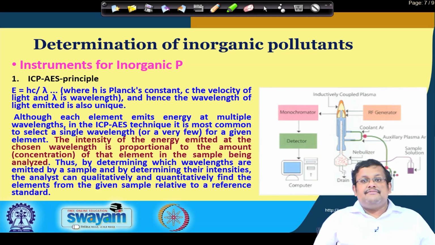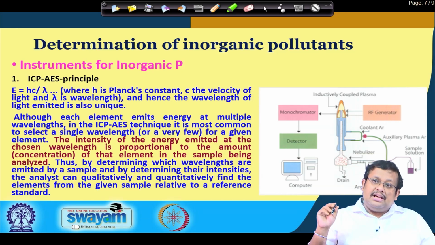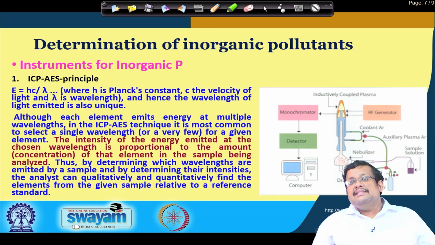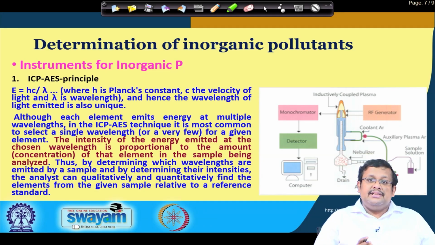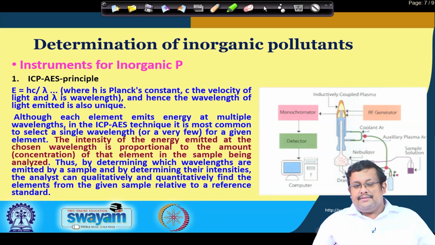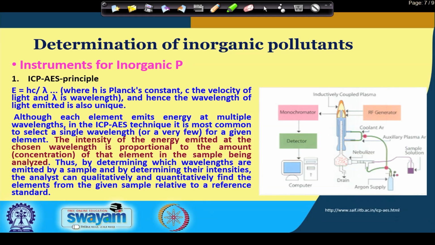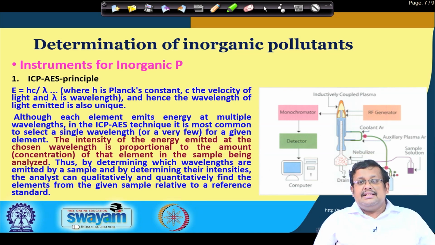So, when we measure a reference standard and when we see the particular wavelengths at which we are getting the emitted energies and also their intensities, we can measure which element is present and what is its concentration. So, this is basically the principle of ICP-AES. This is a very sophisticated technique and this is also a very precise, dynamic and very accurate technique.